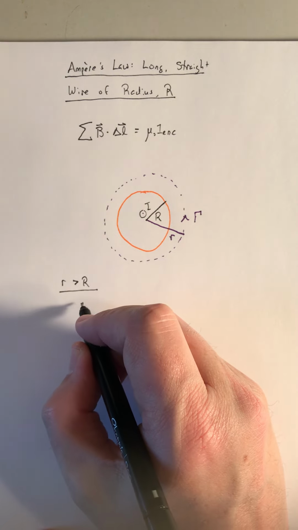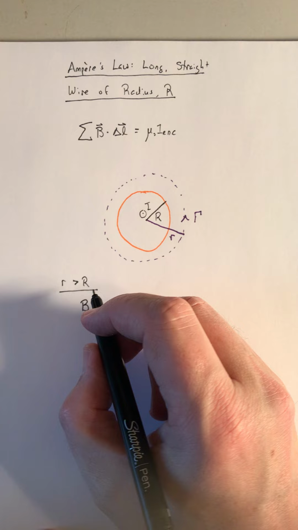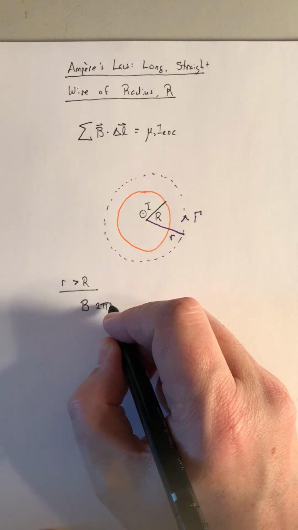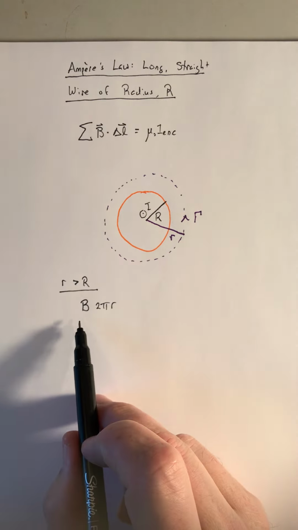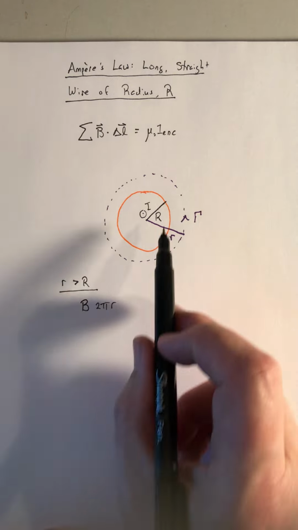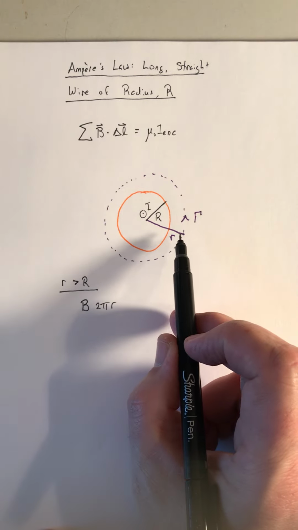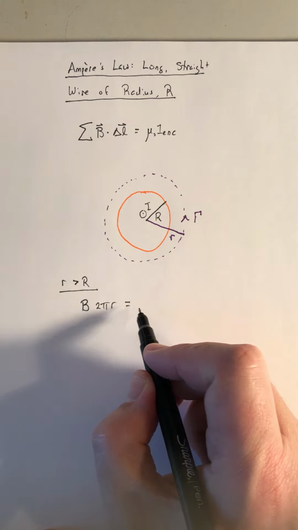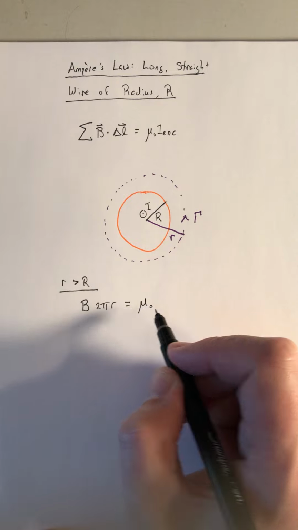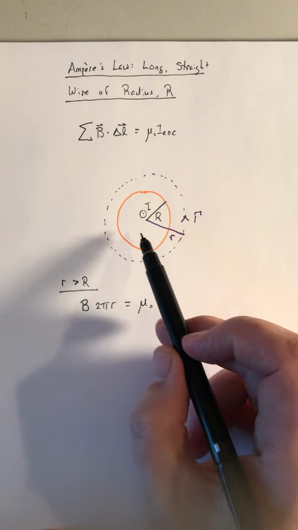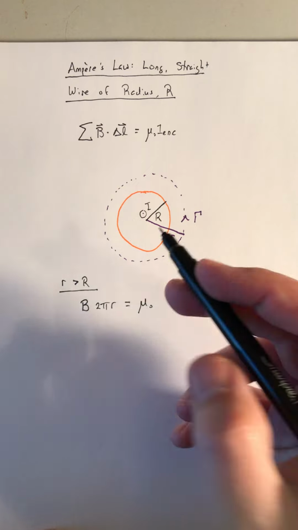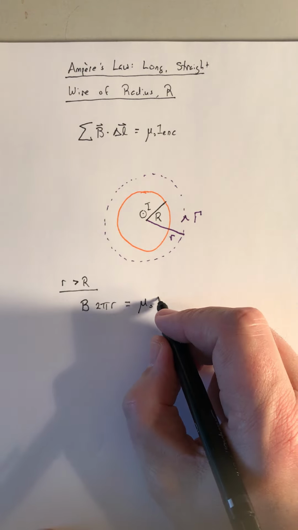So this is just on the left hand side going to be the magnitude of the magnetic field times 2 pi r. The magnetic field strength can vary along my curve, and that is just going to be mu naught times how much current is enclosed. Well, all the current's enclosed. It's all inside the wire.